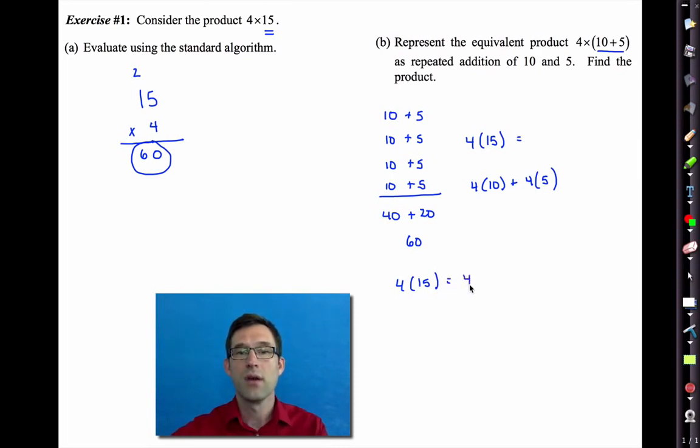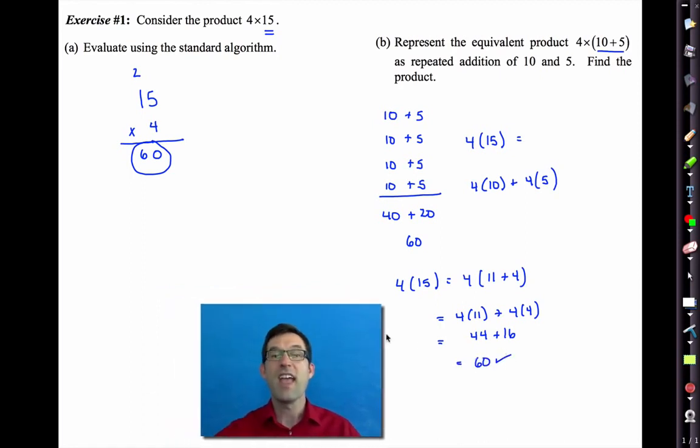Watch this. We could look at 15 as being 11 plus 4, right? That would then say, well, I could do the 11 times 4 and the 4 times 4. I like 10 and 5 more, but it still works. Here we'd get 44, here we'd get 16, and 44 plus 16 is again 60.